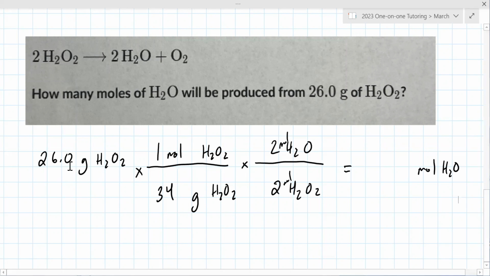No, because like you said the twos cancel. Yeah, I left the twos out. What I did was I did 26 times 1 divided by 34. That should be 0.76, we'll say. Yeah, I got that now. I think it's just the way I put it in my calculator.